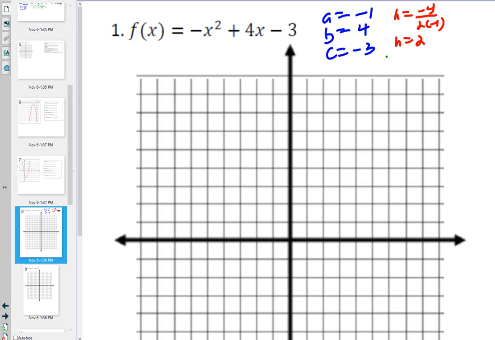When I want to find K, I plug in 2 and get 1. So my vertex is going to be at 2, 1. That means my axis of symmetry is going to be at x equals 2.